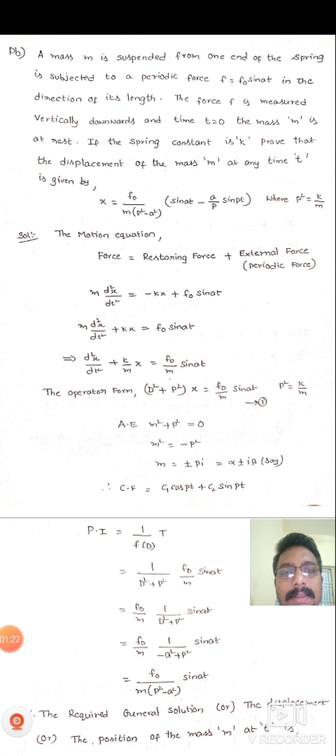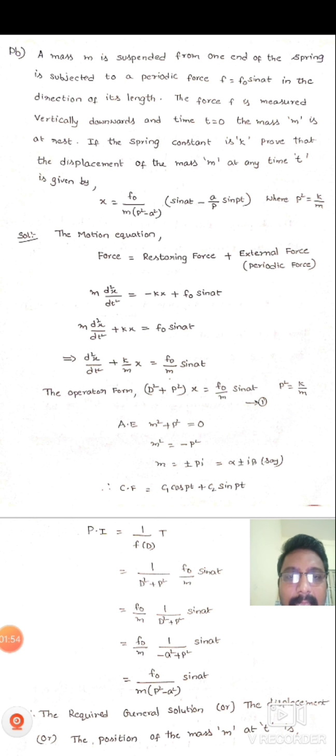The force is m d square x by dt square, where m is the mass and d square x by dt square is the acceleration. The restoring force is negative kx, and the external force imposed on the system is F naught sin at, which is added on the right hand side. Thus we will have m d square x by dt square equals negative kx plus F naught sin at.